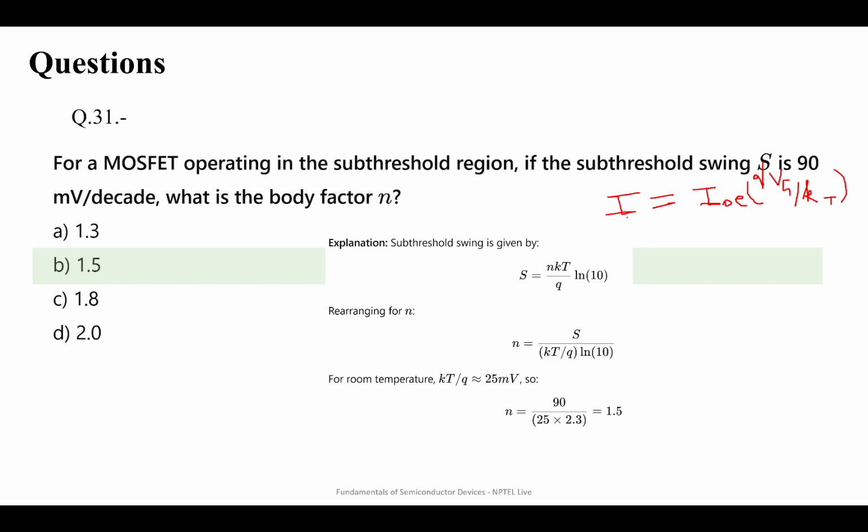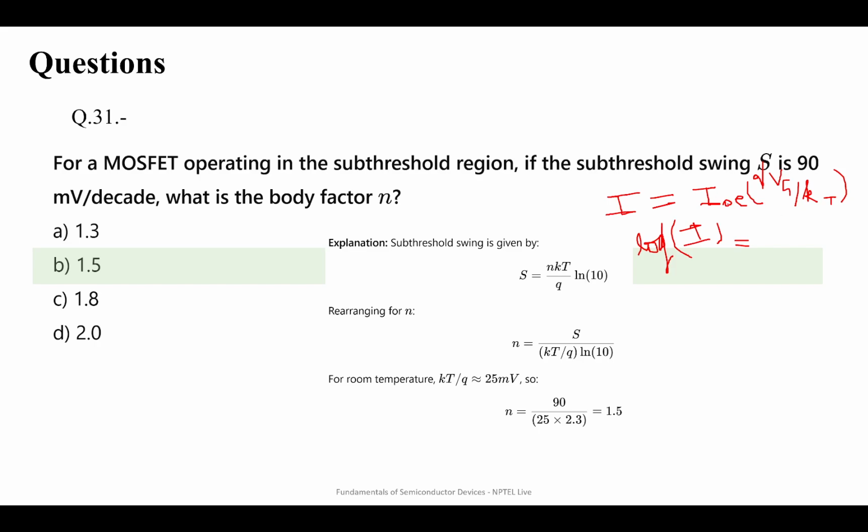If I take log of this, I will get log of I equal to log of I naught plus this term.